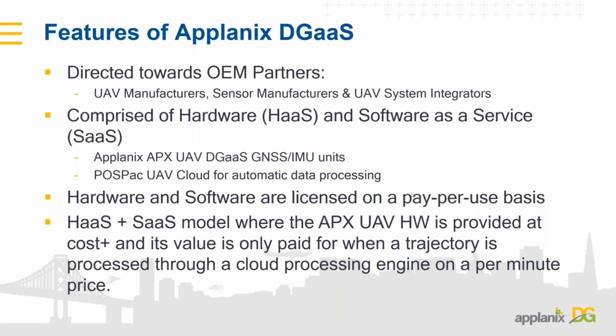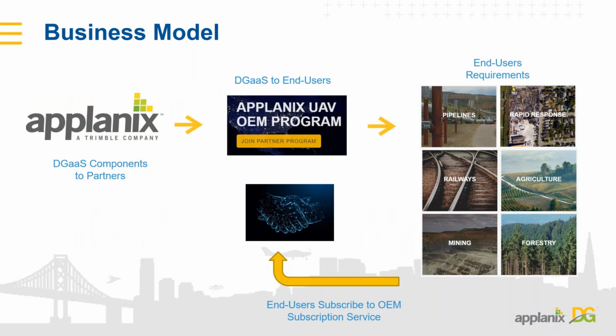And the APX UAV hardware is provided at a cost plus. So it's not at our typical component rate where you would buy the technology outright, but just on a cost plus. So there's some significant cost savings, and we're going to get into the benefits of this for end users later on. So this is typically the business model right here.